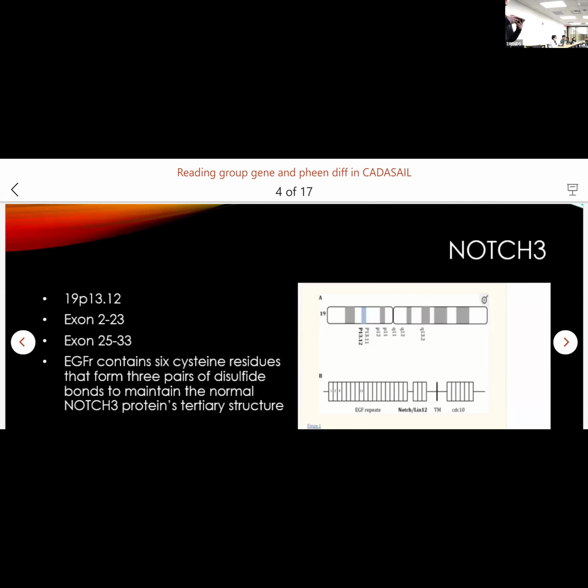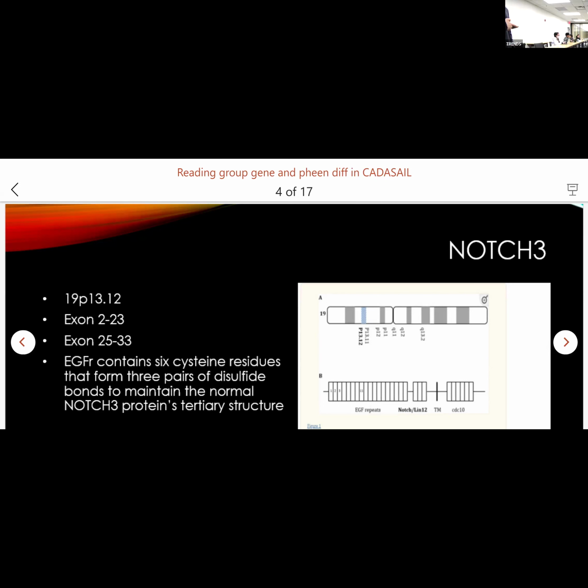Now that we've discussed some of the background information of CADASIL and an overarching view, the gene discussed a lot in this paper is Notch3. Notch3 is the gene associated with the subcortical infarcts and the pathogenesis of the disease. This gene is located on chromosome 19, at p13.2.